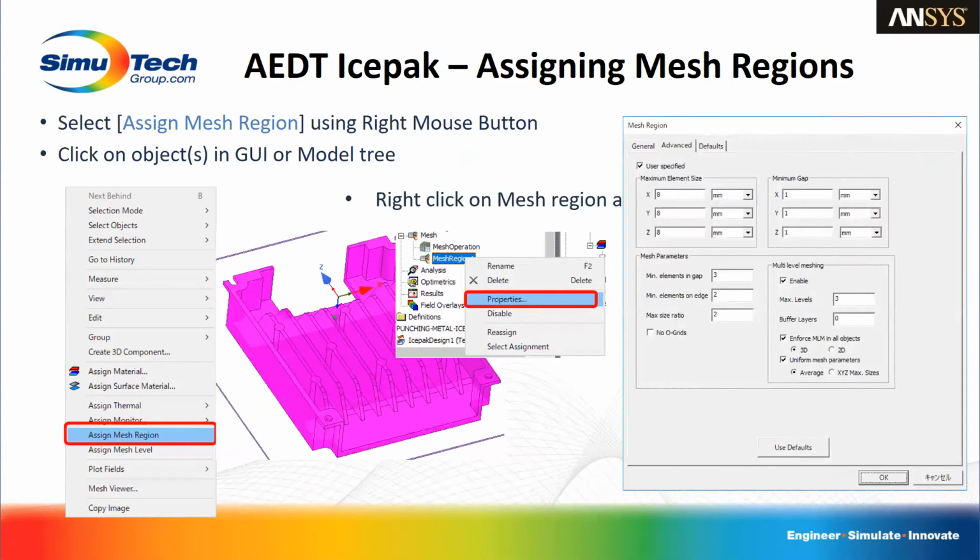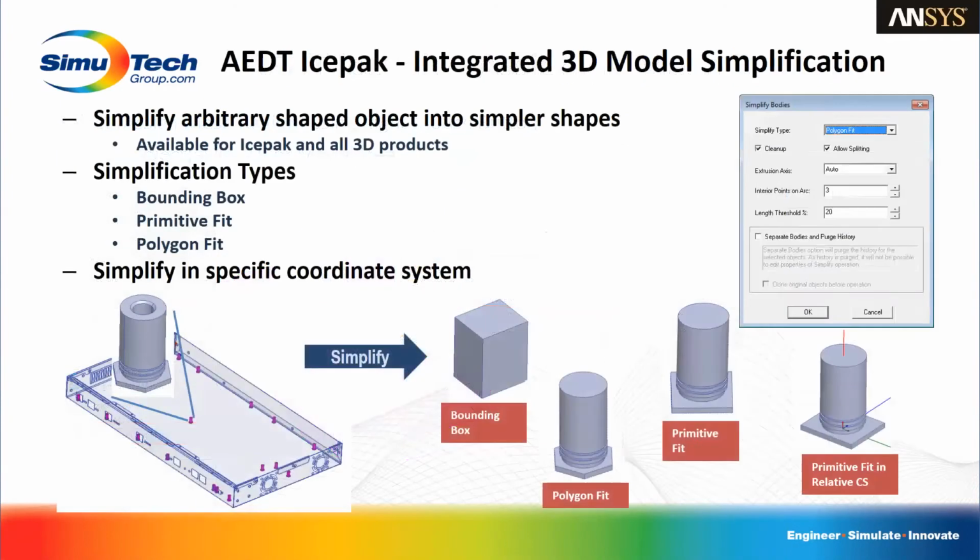And if you want to look at the actual properties, you can still use the slider bar meshing on these mesh regions, or you can access the more advanced controls and have a tighter control, a little bit more input in terms of how you want that mesh region to be meshed.